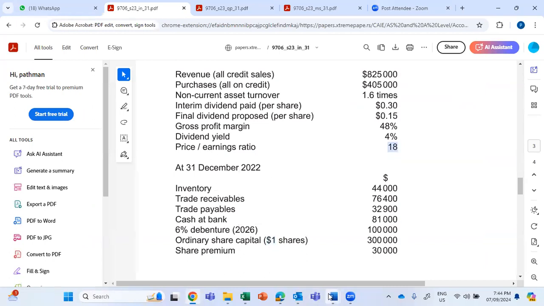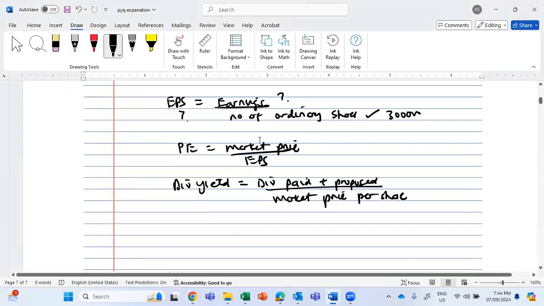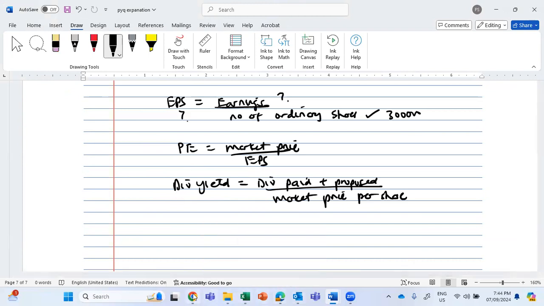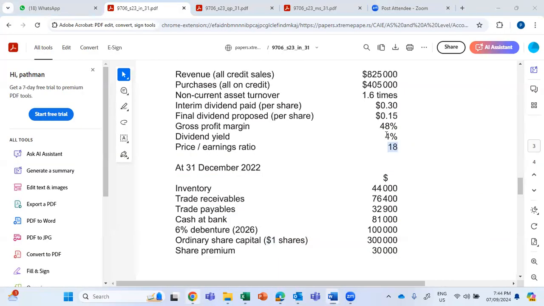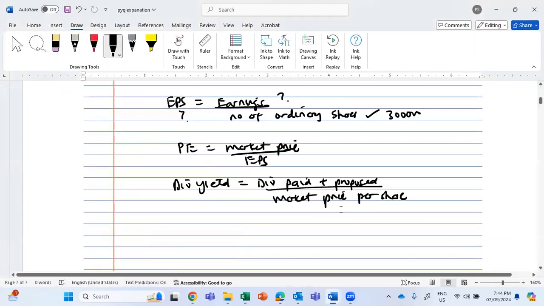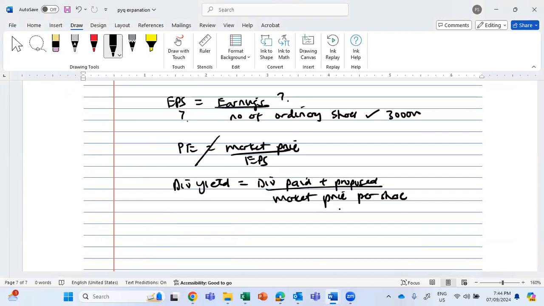It's nowhere given. So we cannot use the PE ratio formula. So we have to take this approach. Dividend yield is given as 4%. So dividend yield equals to, okay.